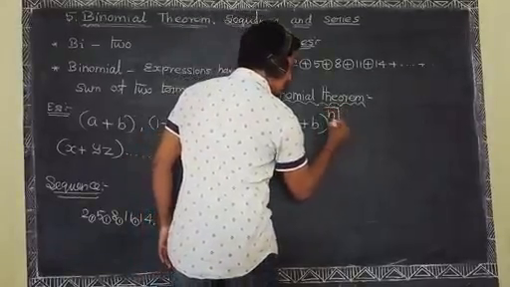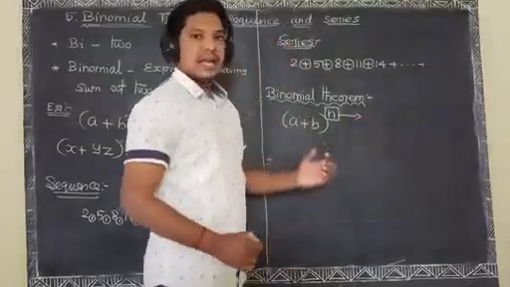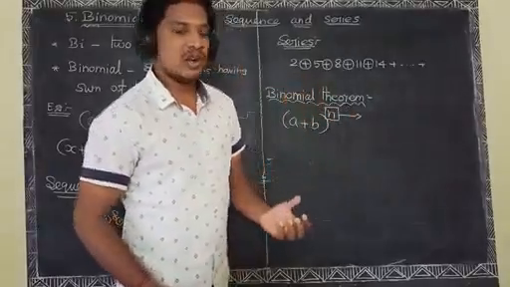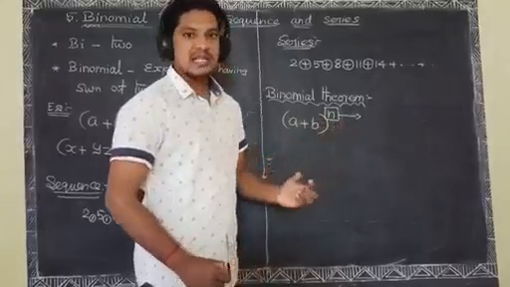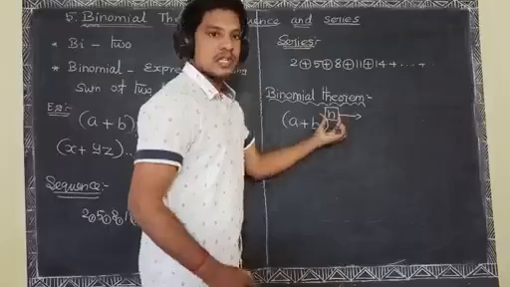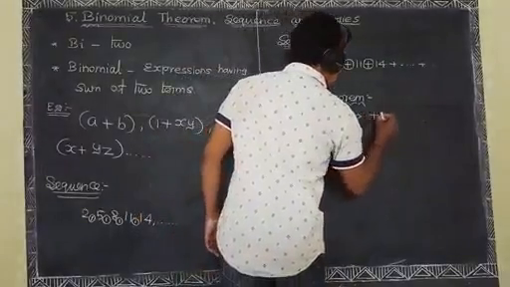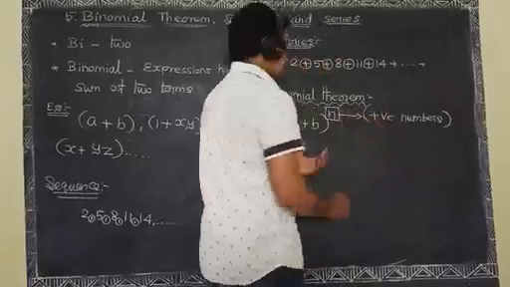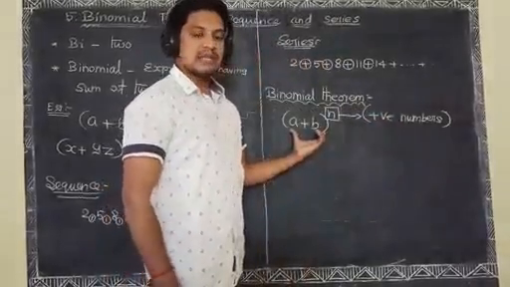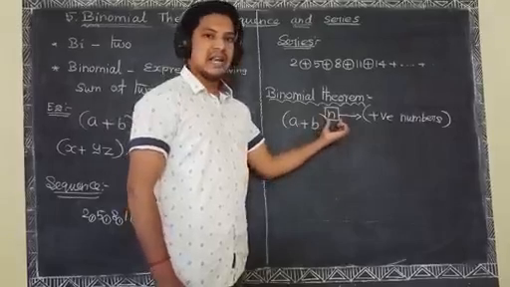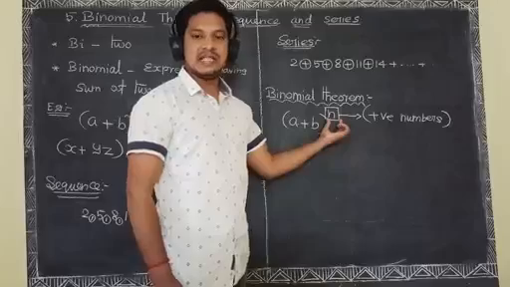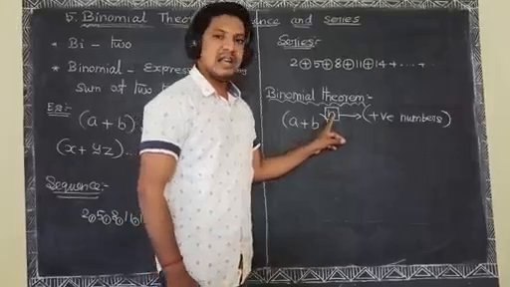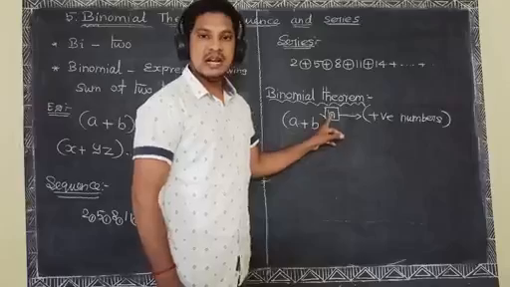Here n is defined only as a positive number. The expansion of a plus b the whole power n is defined only for positive values of n. Otherwise, if n is negative, it does not expand and is not defined.